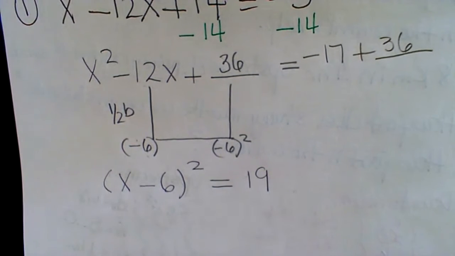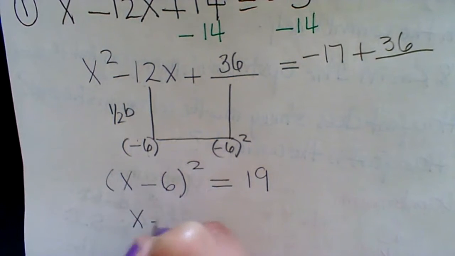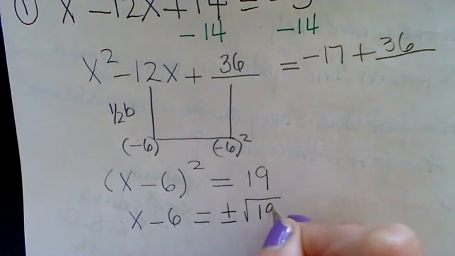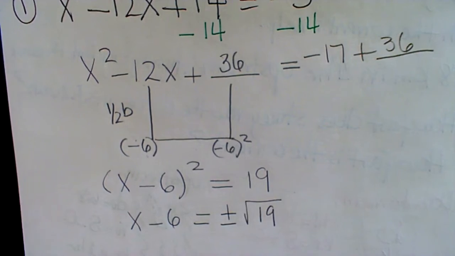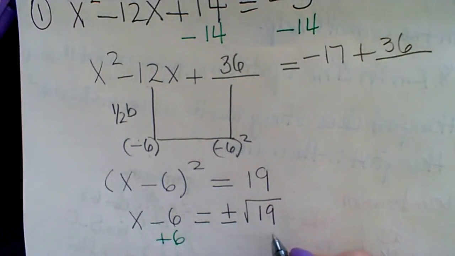Now, what do I do? I apply the square root property. So what's the square root property? This is equal to plus and minus the square root of 19. Now, here's the green color. I'm going to add 6 on both sides.